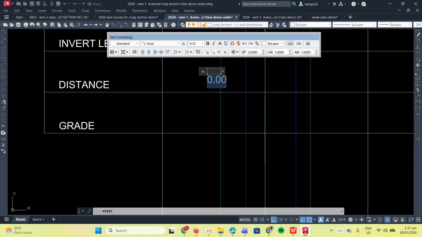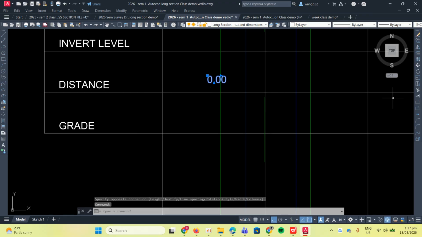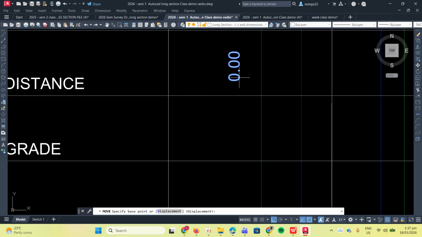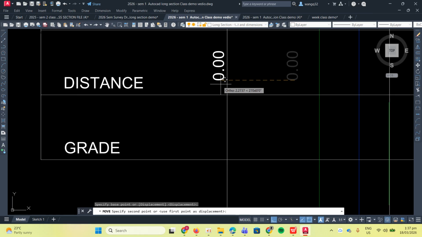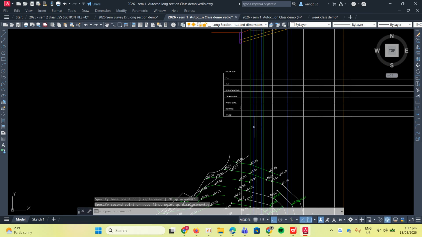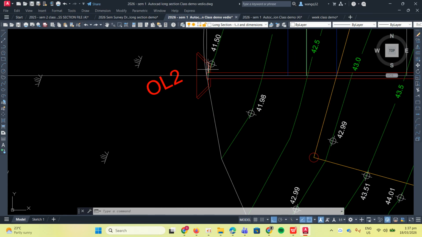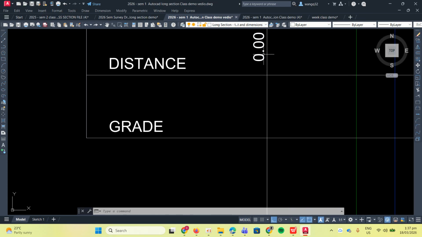And I need to rotate it by 90 degrees. And then move it close to my line, so it will be this line here. Because that's the distance from the inward level of our outline. We start the distance from the inward level of our pipe.